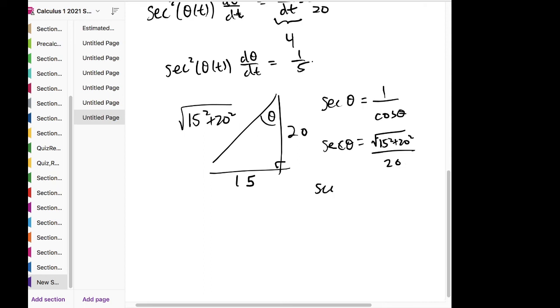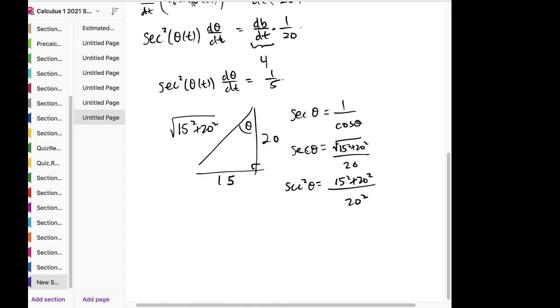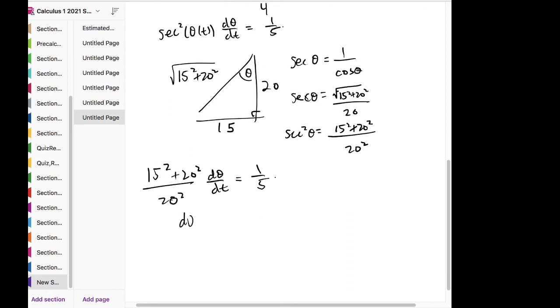So secant squared is 15 squared plus 20 squared over 20 squared. I'm sure that simplifies to something a bit nicer. So we get 15 squared plus 20 squared over 20 squared, times d theta dt, is equal to 1/5. So d theta dt is 20 squared over 5 times 1 over 15 squared plus 20 squared.